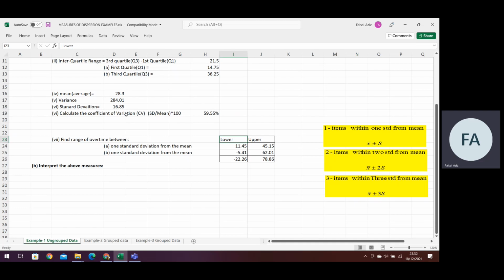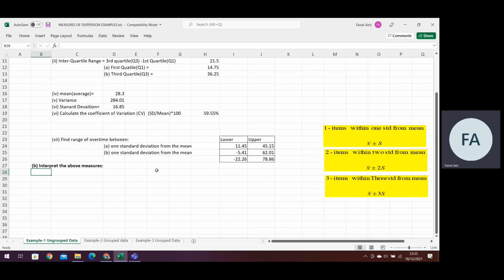Then followed by coefficient of variation. So coefficient of variation is always in terms of percentage, and it tells us how much variation exists in the data. So you can write any journal comment over here based on your understanding.